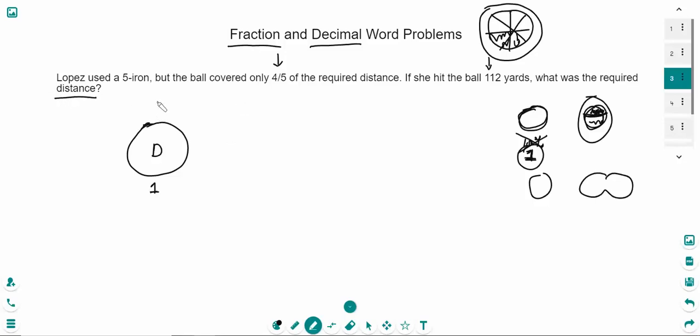All right. Now, is this going to be a double bubble? So did we start with a distance and then increase that distance? Well, no, right? We started with a distance. She tried to hit the ball the full distance, but she didn't make it. She only made it 4/5 of the way. So she didn't even make it the whole distance. So we're certainly not growing that distance.